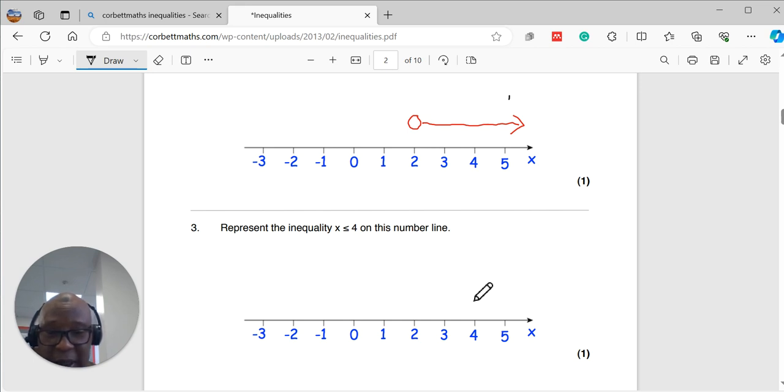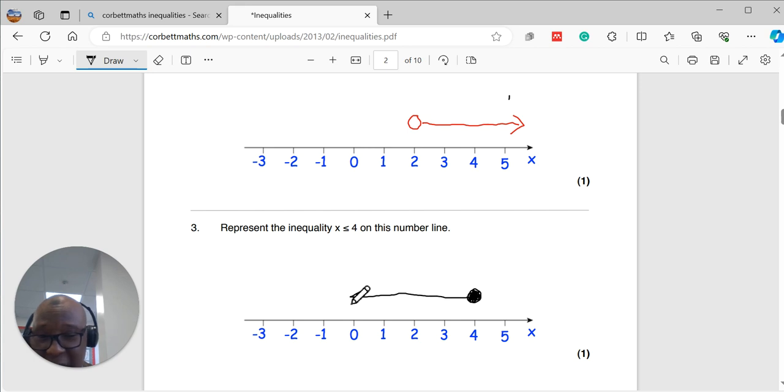So we're going to go straight away to the number 4, and it says less than or equal to. When we've got the equal sign, that means it includes the number. That means I'm going to shade that in, because once the number is included, that means it can equal 4. But less than means everything to the left of this, going that way.